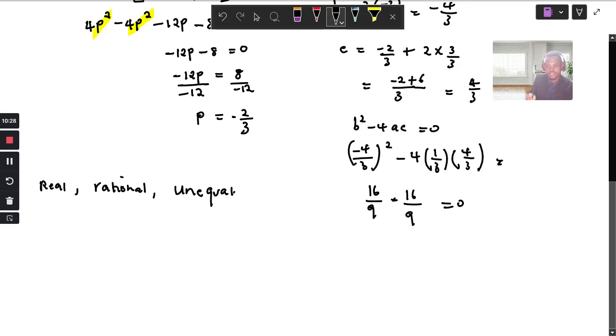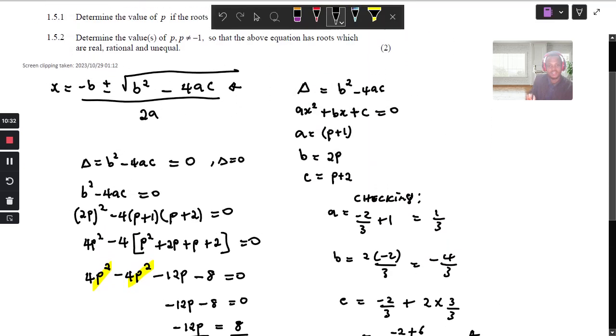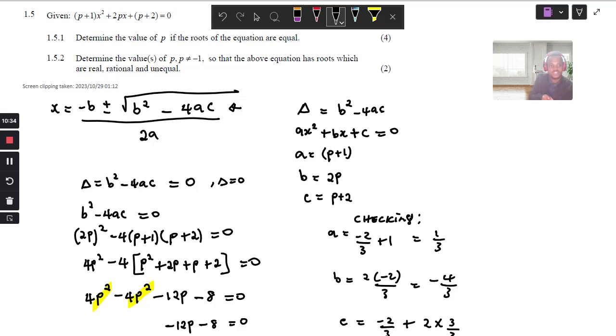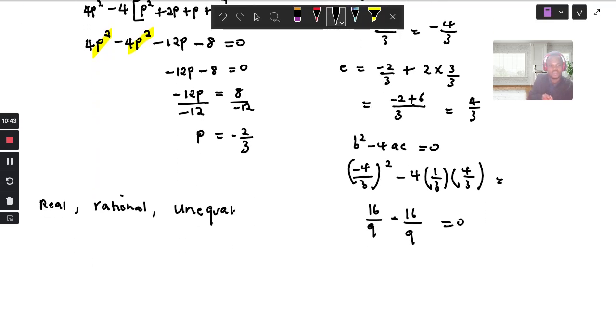Okay, my apologies, I did not number my solution. So this one is 1.5.1. So the one that I'm doing now is 1.5.2. The roots are said to be real if the determinant is greater than or equal to 0.